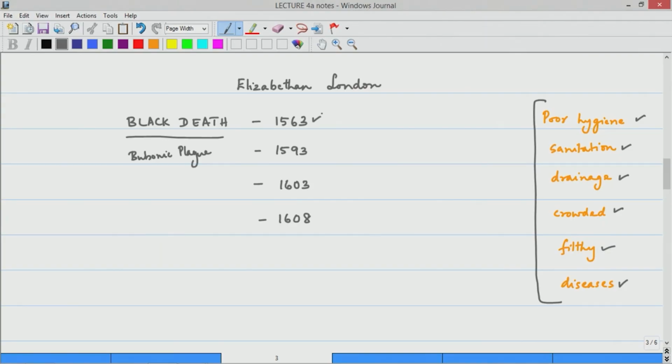We first see the attack of plague in 1563. And this was after Queen Elizabeth had assumed her throne, and the impact of plague was such that we find Queen Elizabeth shifting her residence from London to Windsor Castle during this time.